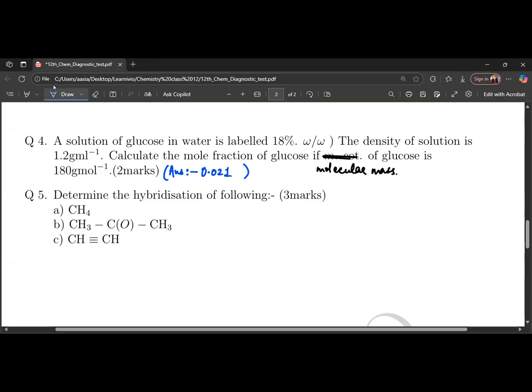So in methane, if you draw the structure, it will be like this. Now tell me the hybridization state of this carbon. sp3. Yes, so it's sp3. Now, if I draw this structure, CH3, this is C=O and this is CH3. Now just tell me the hybridization state of both this CH3 and this ketonic carbon. For this CH3, sp3.